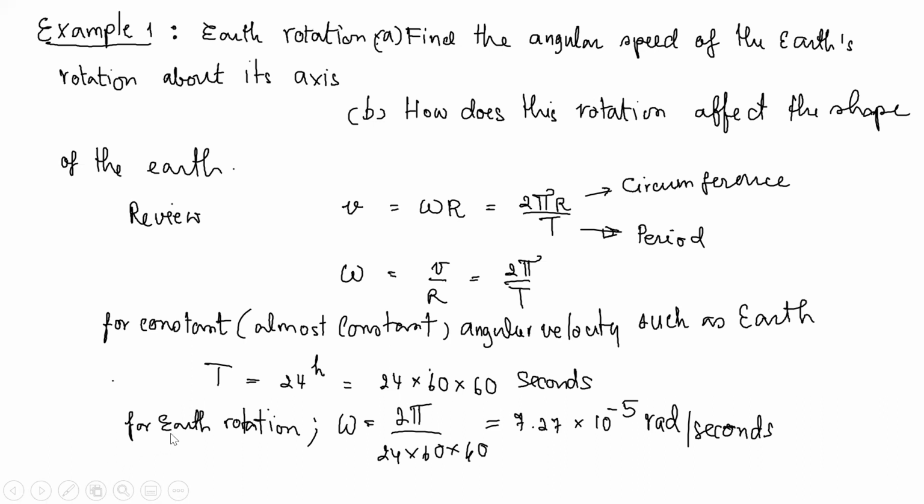So for Earth rotation, we have omega equal to 2 pi over 24 times 60 times 60. It is 7.27 times 10 to the minus 5 radian per second. That's the angular speed of the Earth.